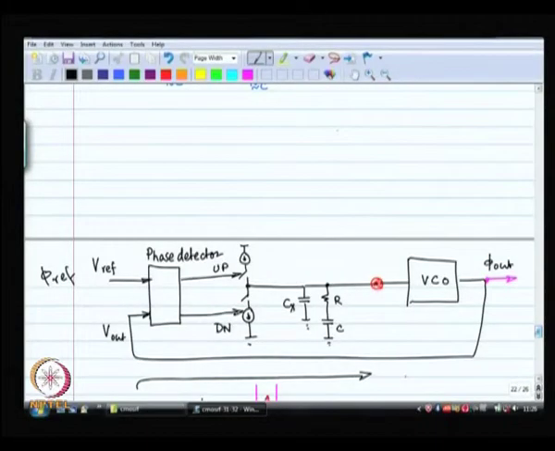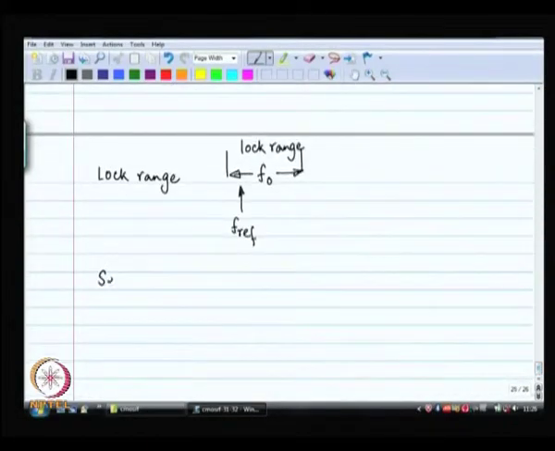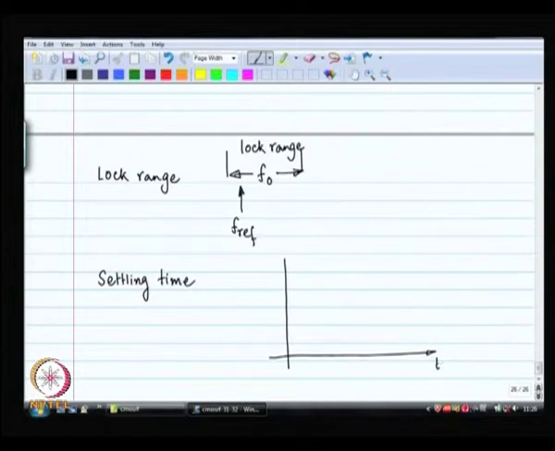Next thing is, how much time does it take to settle? If you build a phase lock loop and you switch it on, you switch on your reference frequency all of a sudden, then the phase lock loop is going to try to lock.